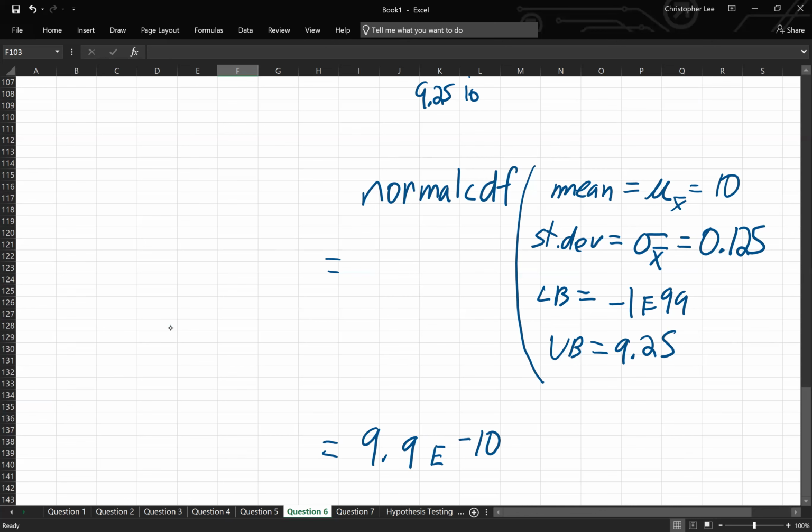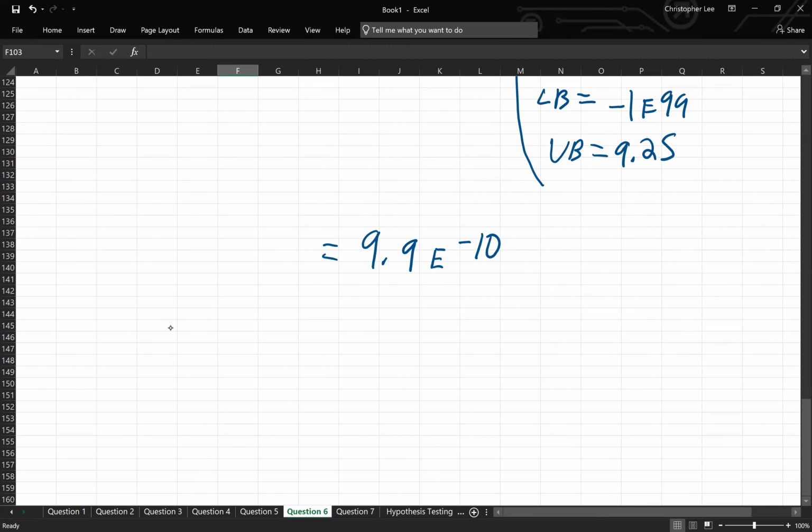All right. So what this means, if I was to expand this, this is 0 point, and then I have to write 9 zeros. 1, 2, 3, 4, 5, 6, 7, 8, 9, and then 99. So that answer is practically 0.